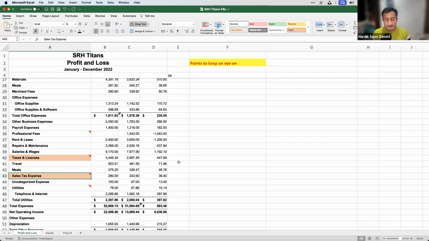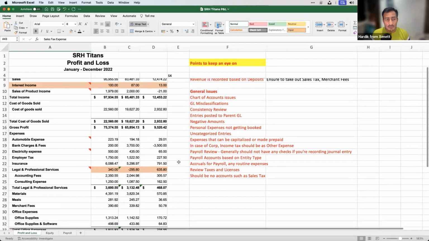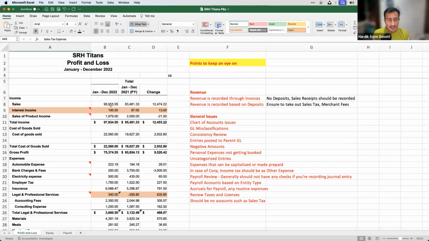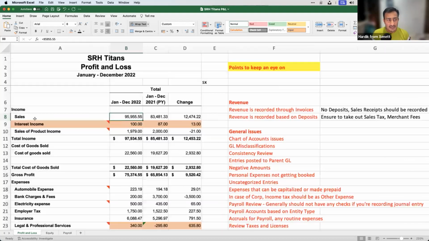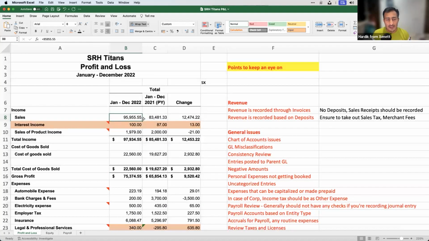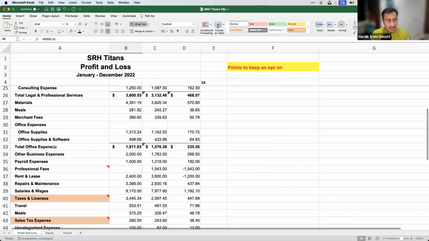What we have seen is that when people are recording deposits here, imagine all the bank deposits that we are getting from Stripe or merchants being booked here, they also include sales tax, because the sales tax is not recorded separately as a liability. And when the sales tax payments are made, they book it here, right?